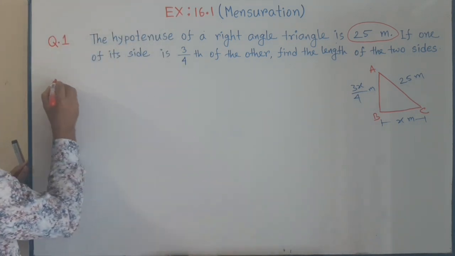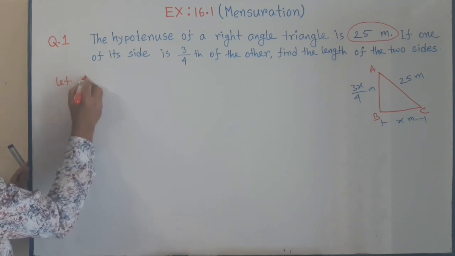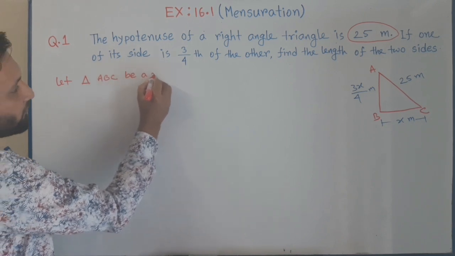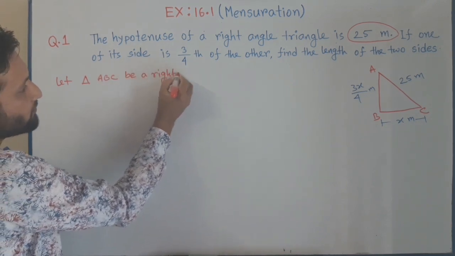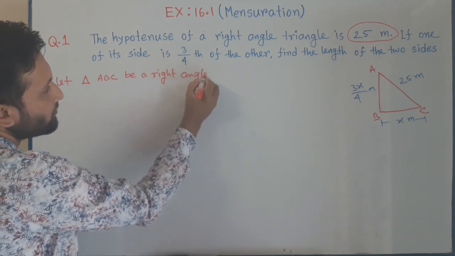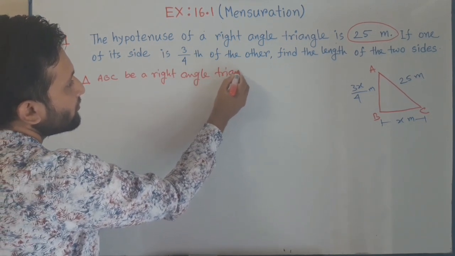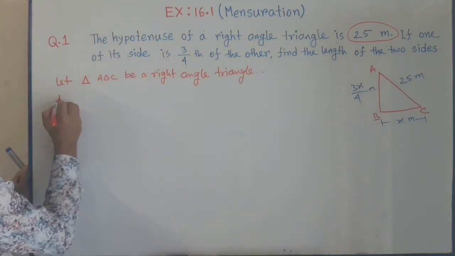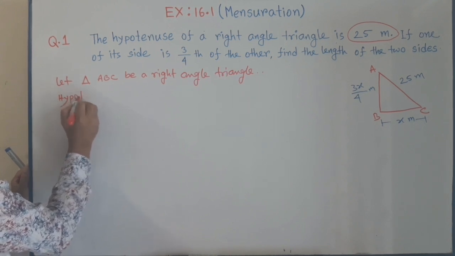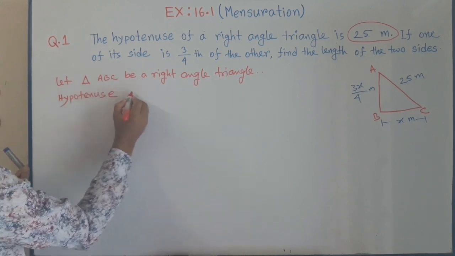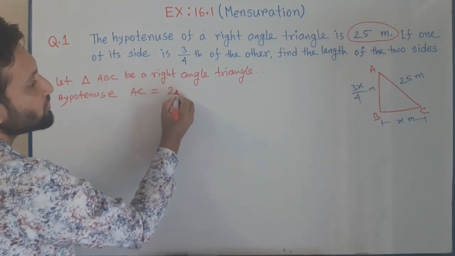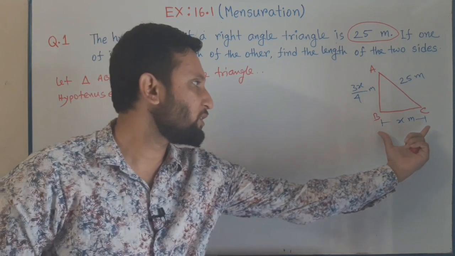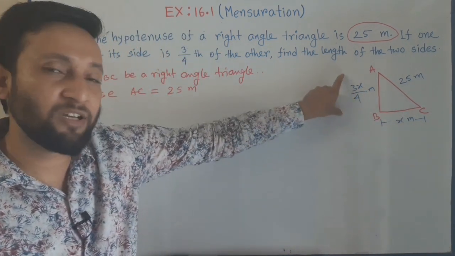At first write, let ABC be a right angle triangle, where hypotenuse AC equal to 25 meter, according to the question, and let one side BC equal to x meter, so the other side must be 3x/4 meter.